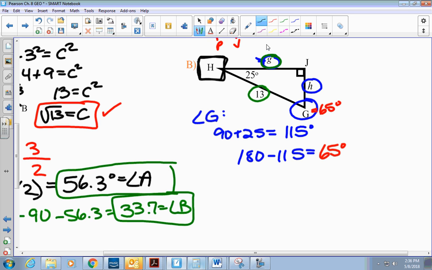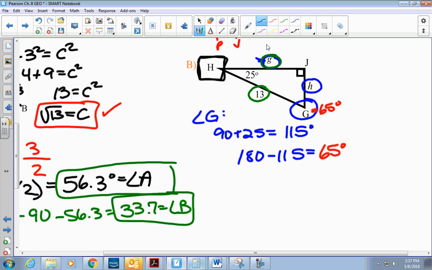Okay, ask yourself this. Is it across from the 90-degree angle? Does it at all run into the 90-degree angle?